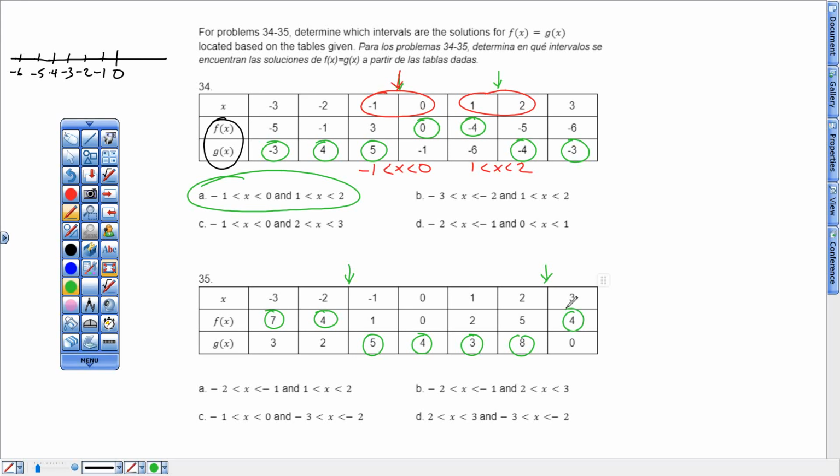And now I use those x-axis numbers to describe where that switch happened: between -2 and -1, and between 2 and 3. So the choice that has between -2 and -1 and 2 and 3 would be this guy right here. All right, hopefully this helps.